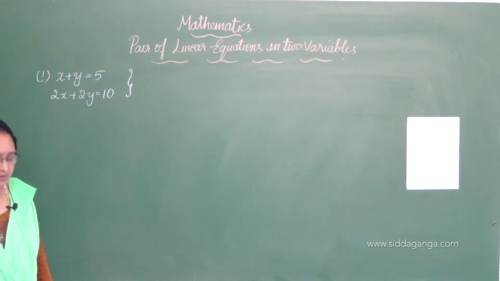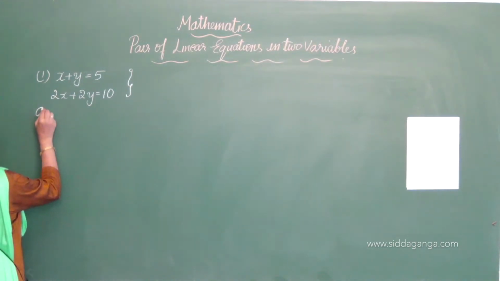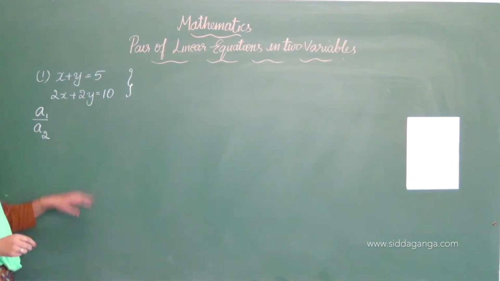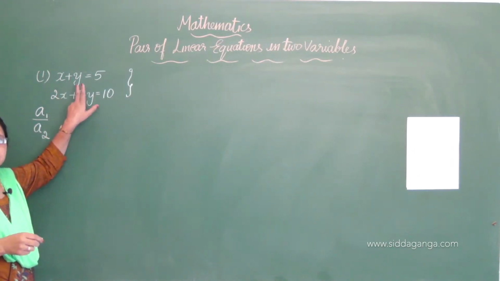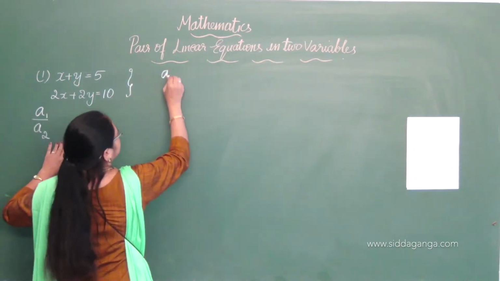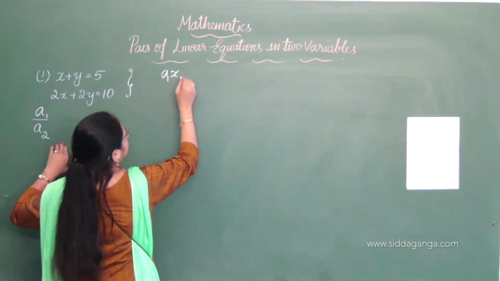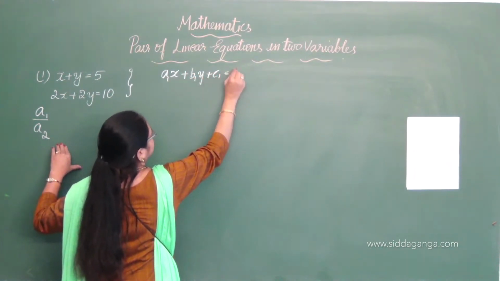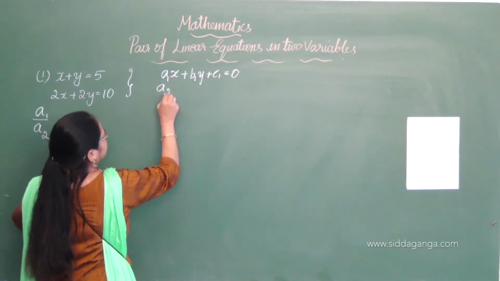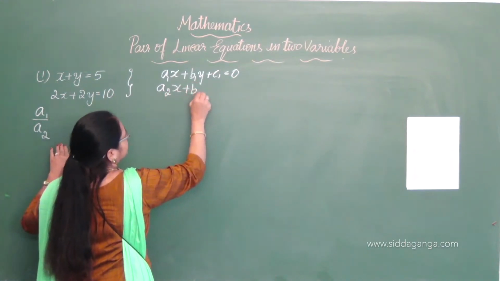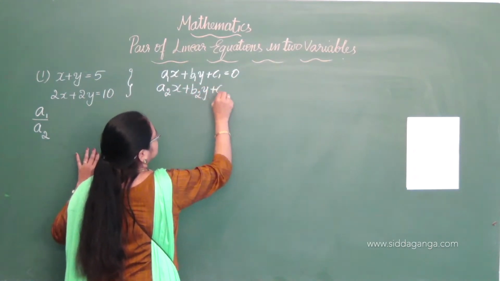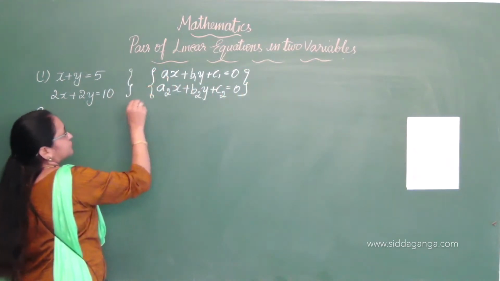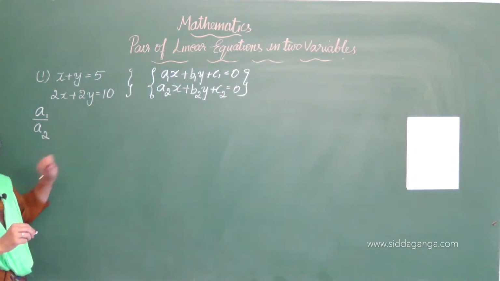I told you in the previous class, you have to check the ratios of A1 and A2, and you all know you have to compare with the general form, that is A1x plus B1y plus C1 is equal to 0 and A2x plus B2y plus C2 is equal to 0. This is the general form of a pair of linear equations in two variables.